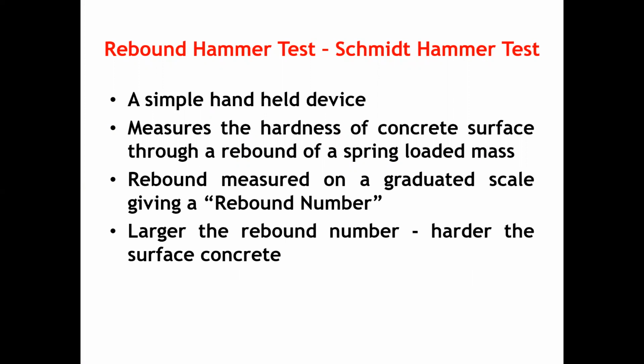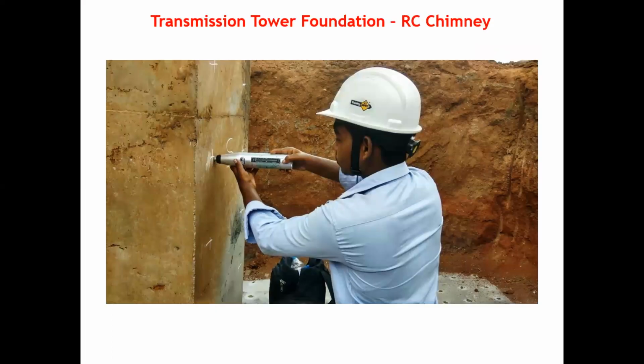The larger the rebound number, the harder the surface concrete. Please do remember, this is a qualitative test and not a quantitative test. Generally people tend to predict the compressive strength of the concrete, which is not advisable at all because there are a lot of limitations on that.